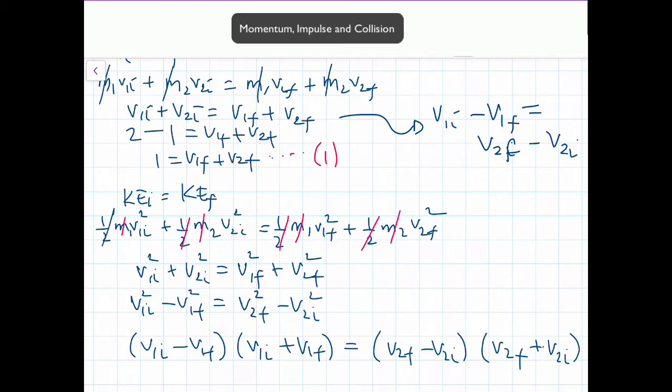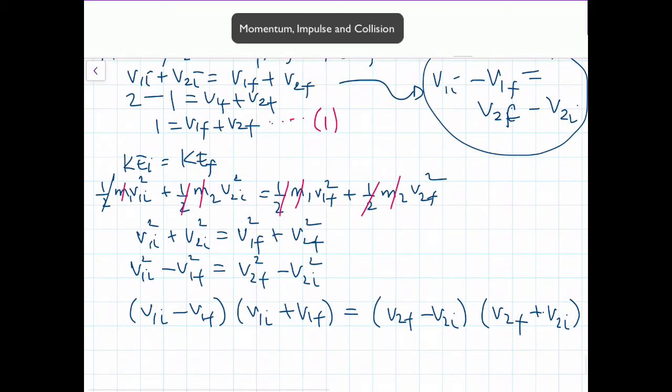So from here, what we know is v1 initial minus v1 final can be substituted as v2 final minus v2 initial. So therefore, you can just bring v1 initial minus v1 final, or the other way around, v2 final minus v2 initial, and then you can substitute that into your equation.